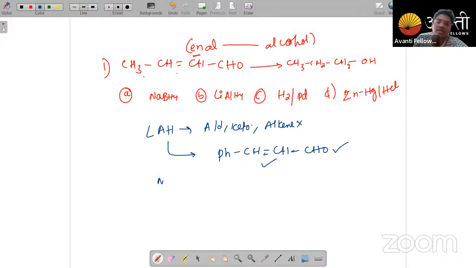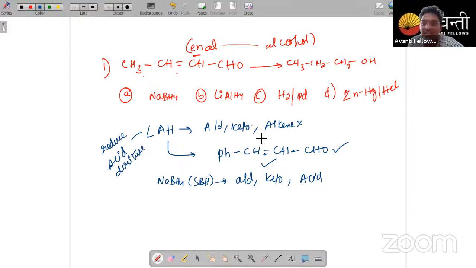Whereas NaBH4, we can also call sodium borohydride, can reduce only aldehydes and ketones, but not acid derivatives. LAH can also reduce acid derivatives. What are acid derivatives?